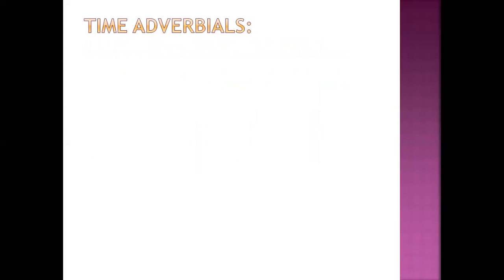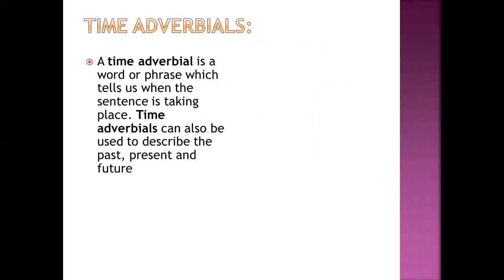The last thing, time adverbials. What are time adverbials? Yes, a time adverbial is a word or a phrase which tells us when the sentence or the action is taking place. So time adverbials can also be used to describe the past, present, and future.